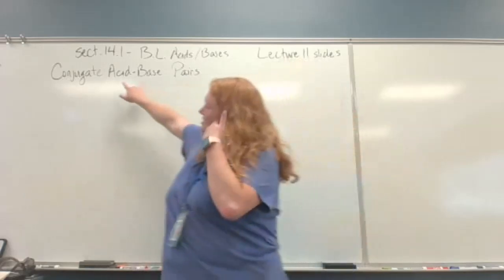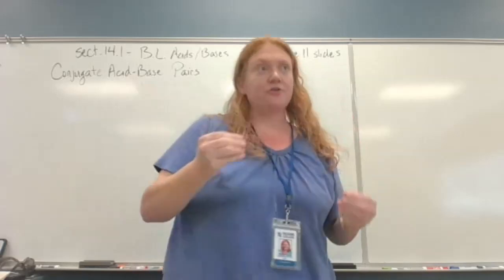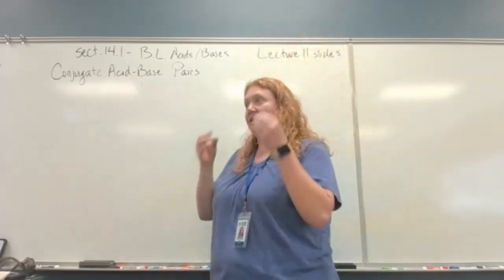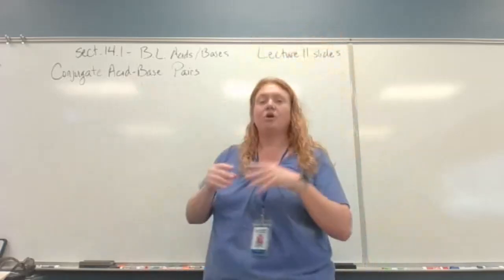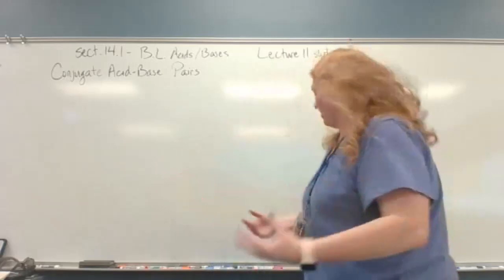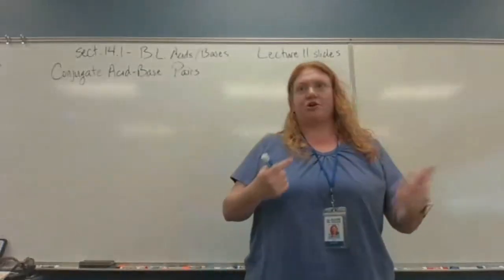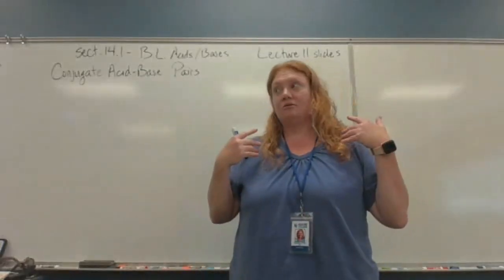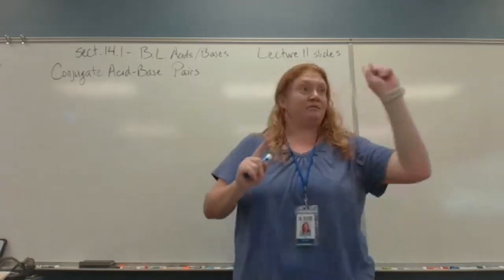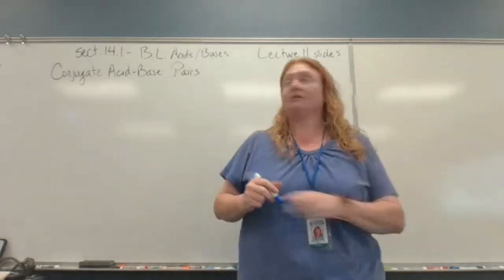And so when we talk about these conjugate pairs, we're talking about two species, two things that are only different from each other by just one H+ in its formula, right?